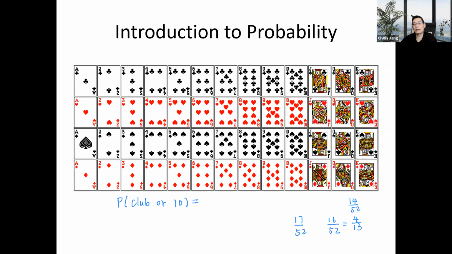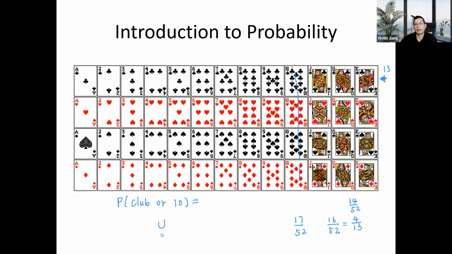Okay, so let's count how many of them. Club or 10. So that's a union. We have 13 clubs, and then we have 4 tens.